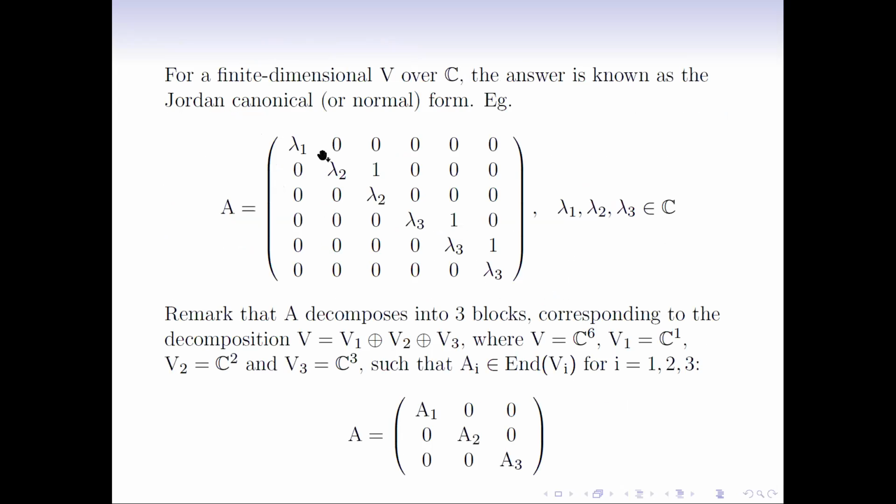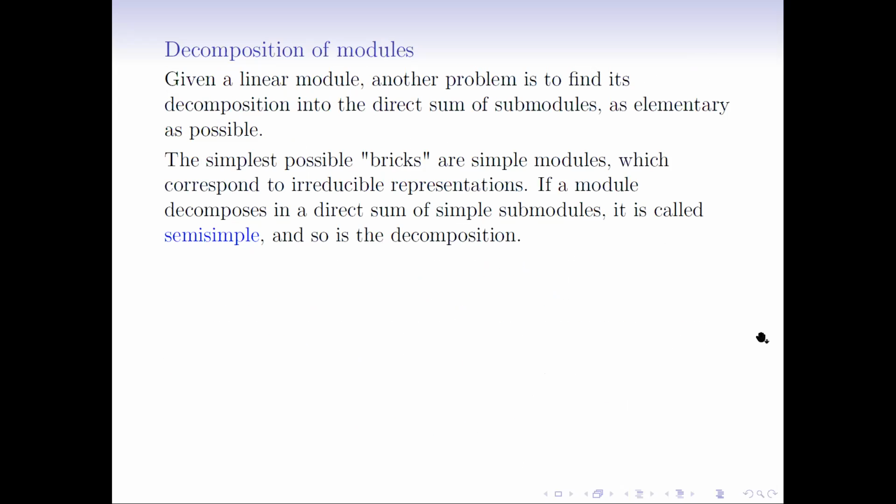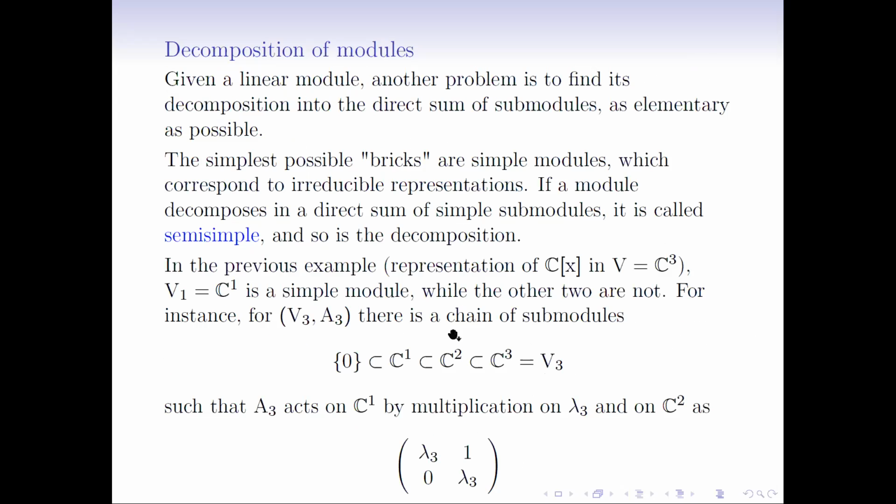The first module, just multiplication by lambda 1, is simple because it's 1-dimensional and has no non-trivial submodules. And the other two, 2-dimensional and 3-dimensional, are not simple. We actually have a chain of submodules for the third one, for the representation in C^3: C^1 inside C^2, inside C^3, which is V3. For instance, on the block C^2, A3 acts as the matrix lambda 3, 1, 0, lambda 3.